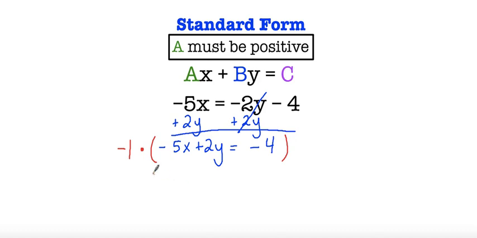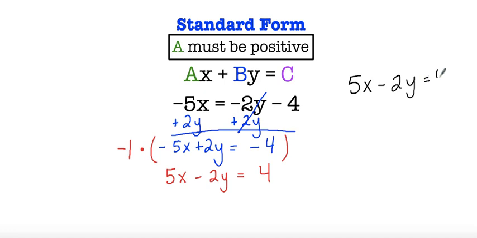So -1 times -5 is positive 5x. -1 times 2y is -2y. And -1 times -4 is positive 4. And here I have our equation in standard form. So in standard form, we have 5x minus 2y is equal to 4.